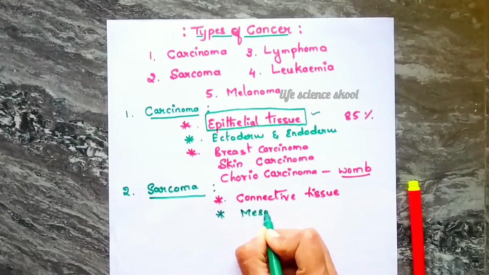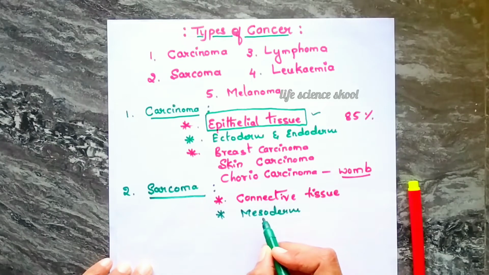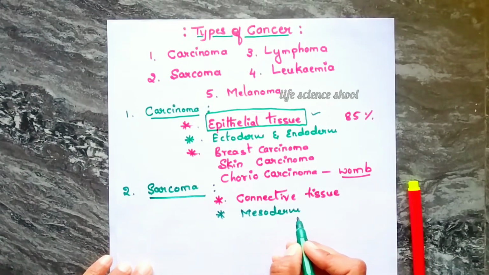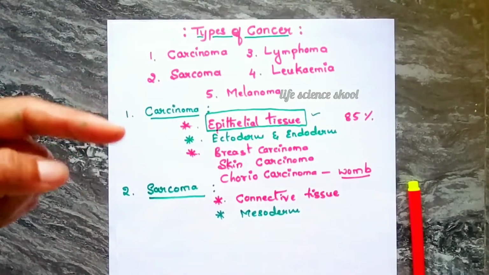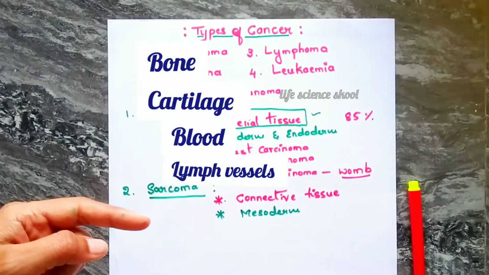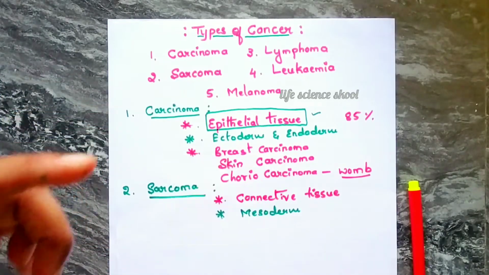As I said before, we have three germ layers, ectoderm, endoderm and mesoderm. So it usually originates from the mesoderm, that is, in the bone, cartilage, blood, lymph vessels, fibrous tissues and muscles. So sarcoma usually originates from all these parts.